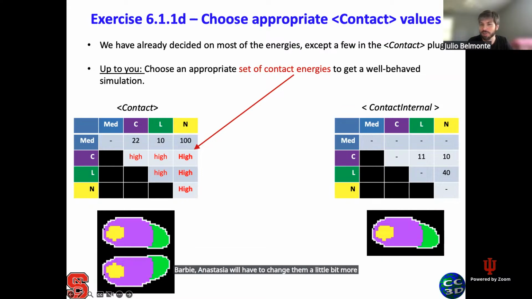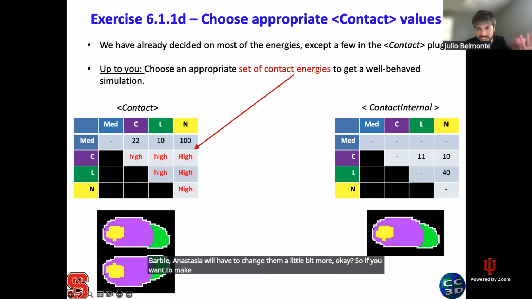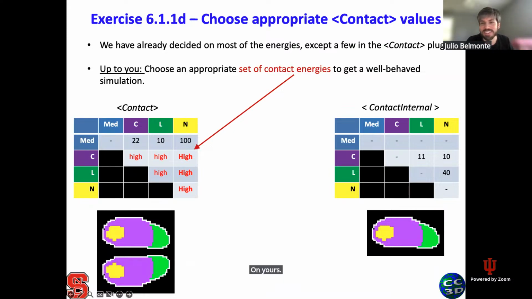Okay, so if you want to make them separate, Anastasia, what do you have to change on yours? So if you make a choice that gives a nice output, please show in the chat for everybody a picture and the values that you use.